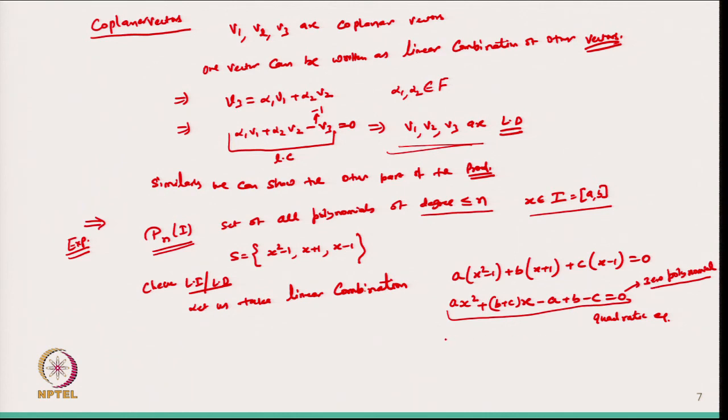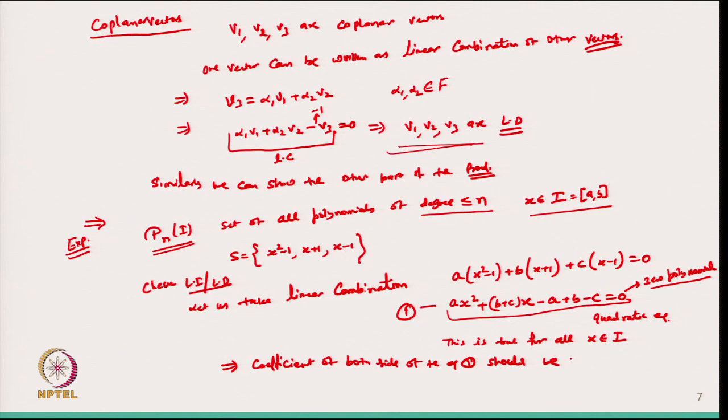Now, this is true for all x belonging to the interval I, and if it is true for all x belonging to I, it implies that the coefficients of both sides of the equation should be equal, because this is going to be true for all x.